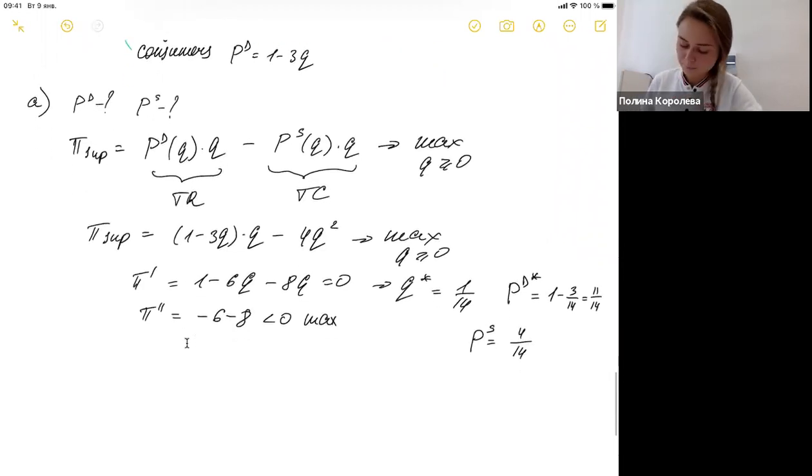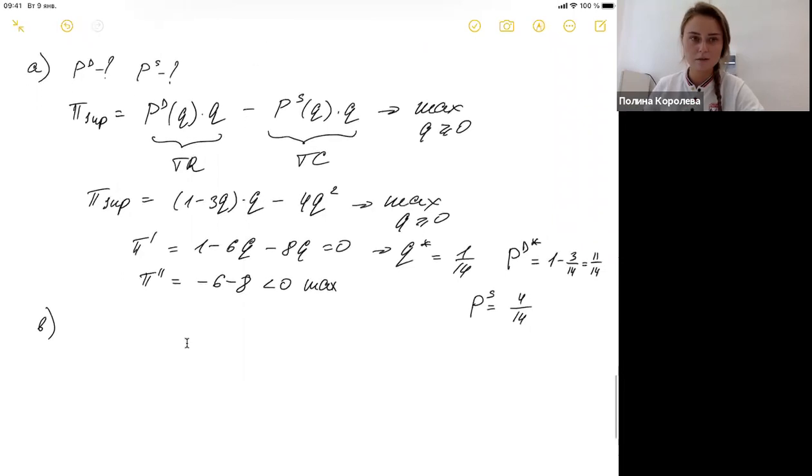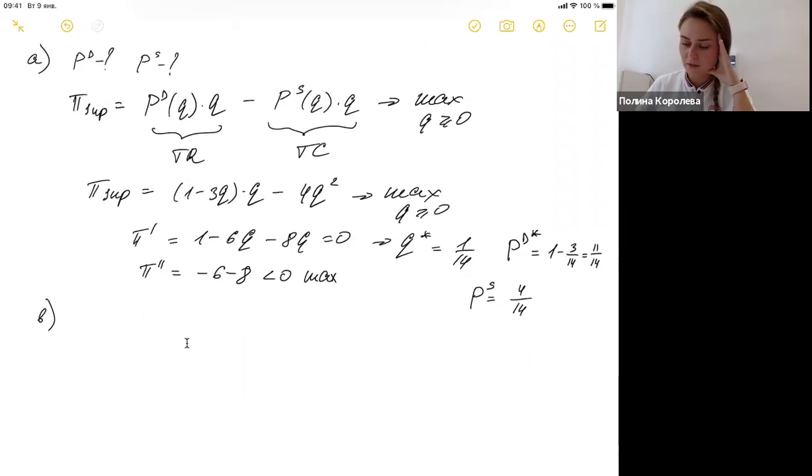Okay, good. Point B. In point B, suppose that the supermarket can acquire all the apple farmers and produce apples at cost 2q squared. So now what do we have? We have only the supermarket, and the farmers belong to him. The supermarket with cost function 2q squared.